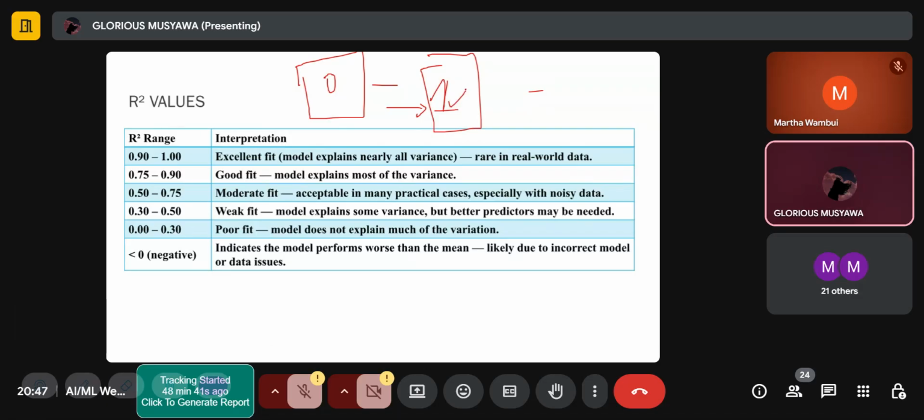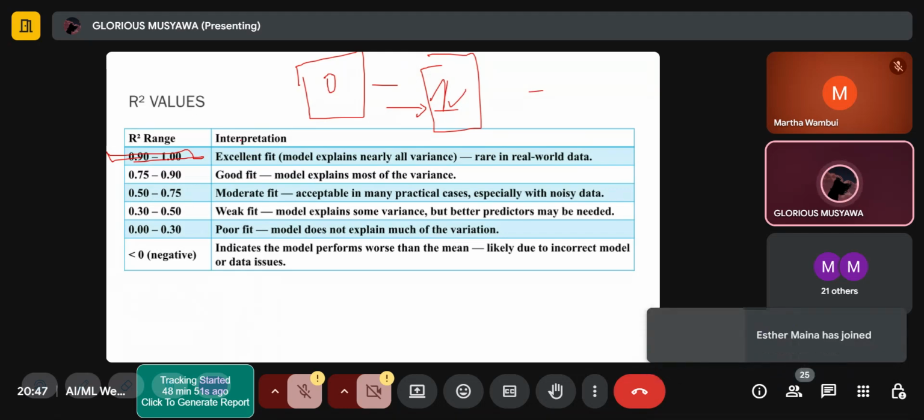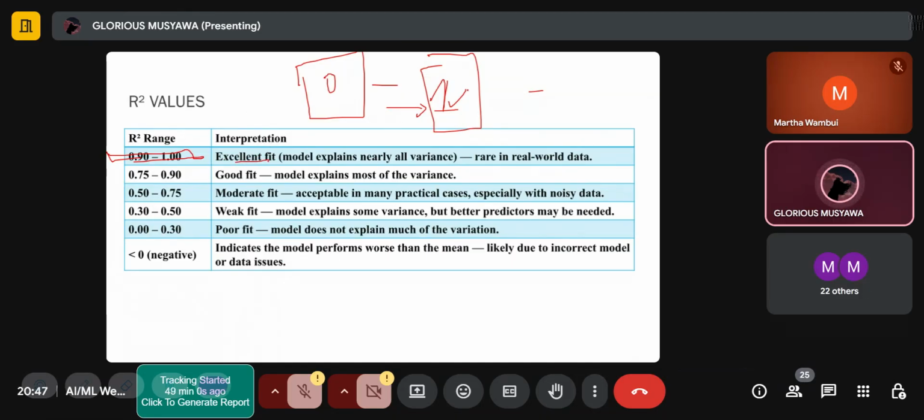Of course, in ideal cases, you won't get 1, but at least 0.9, 0.92, something closer to 1. That's a good model. 0.9 to 1 is an excellent model. Sometimes you won't get that value, so don't worry. If it's at least here, it's still okay.